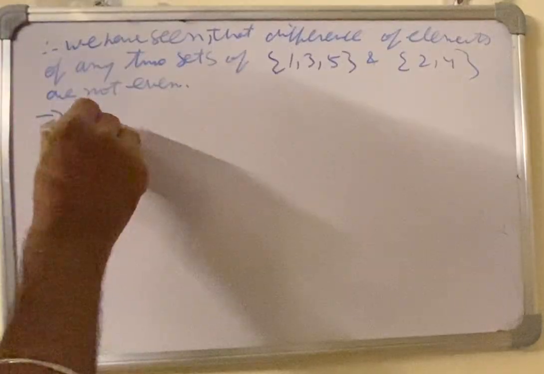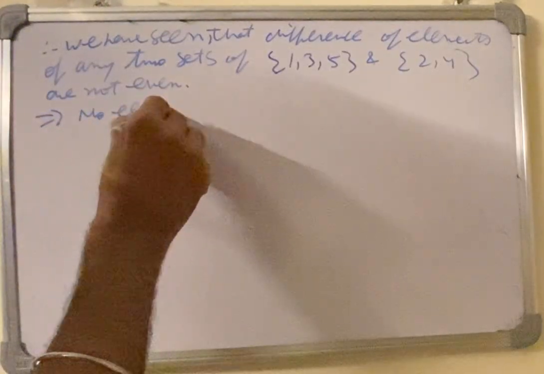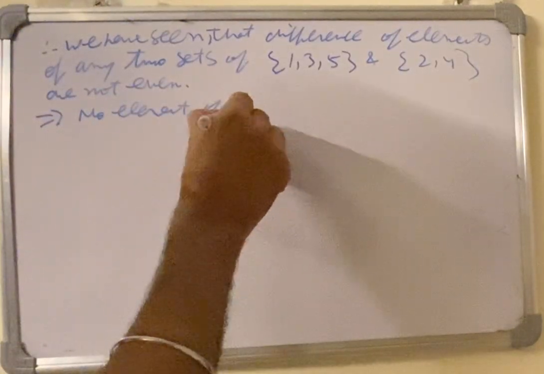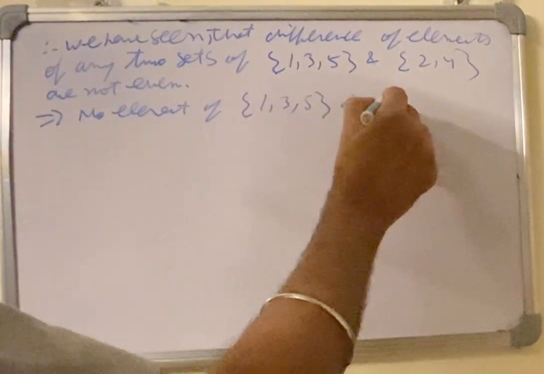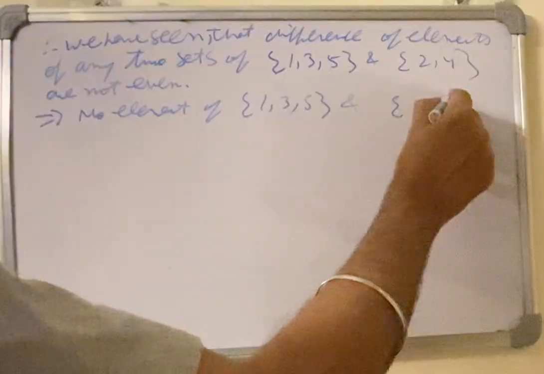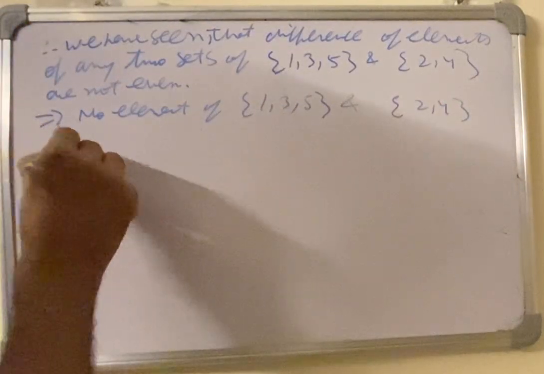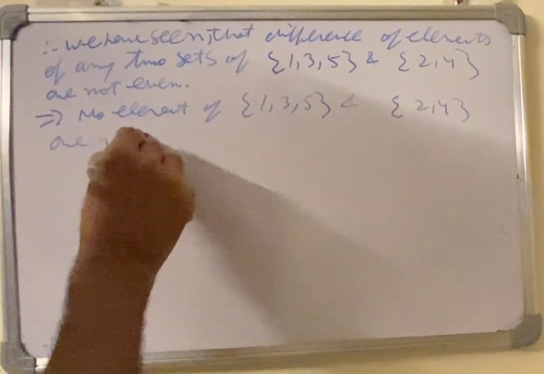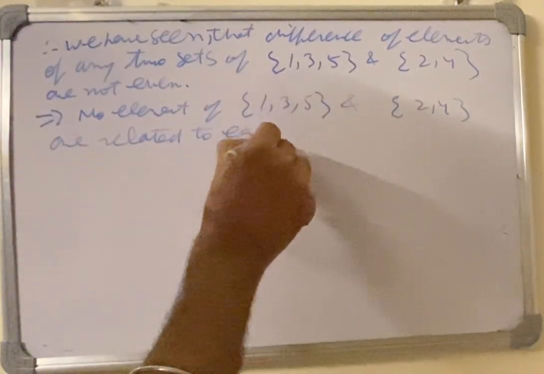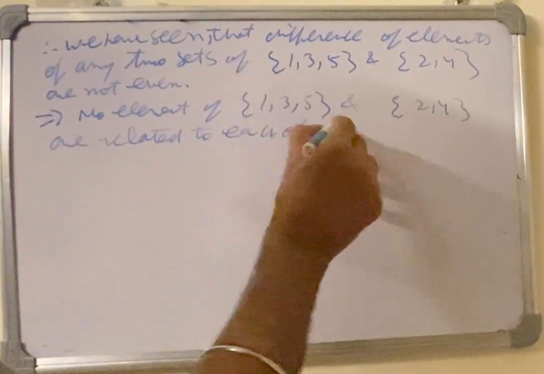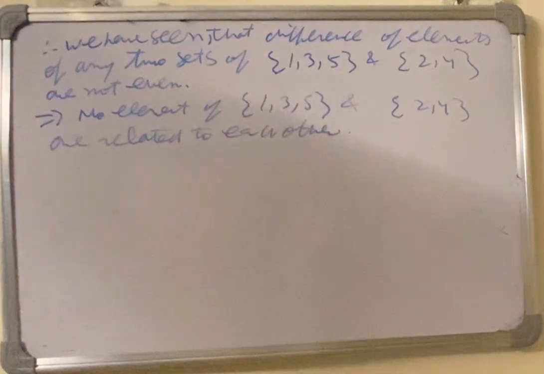Therefore, no element of sets 1, 3, 5 and set 2, 4 are related to each other. That's all.